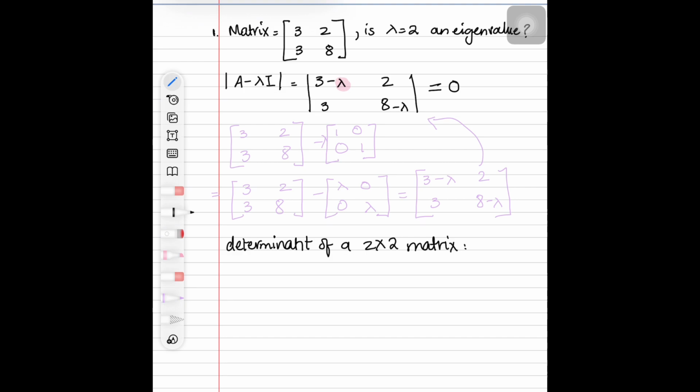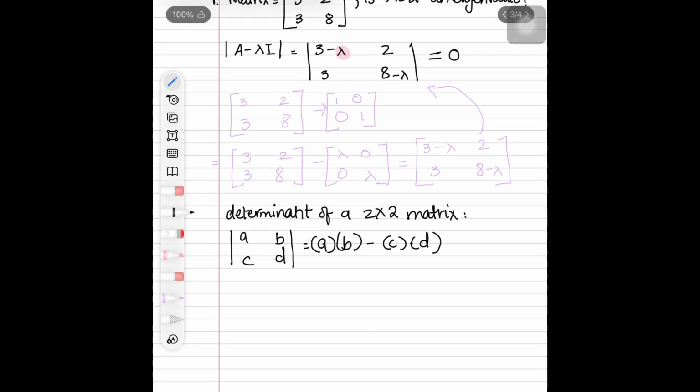It is basically, if this is the matrix, A times B minus C times D. Let's do that real quick.